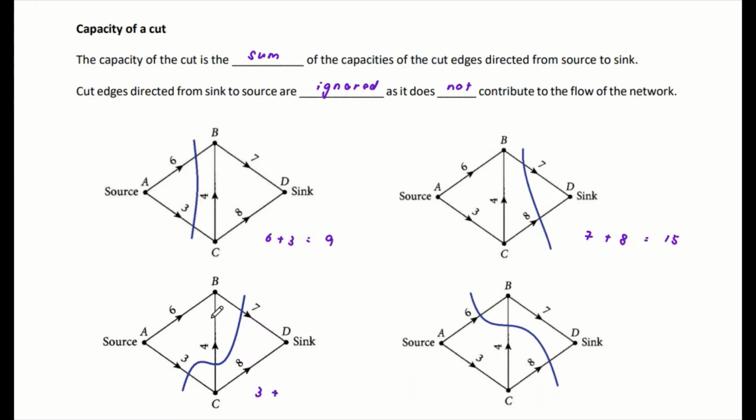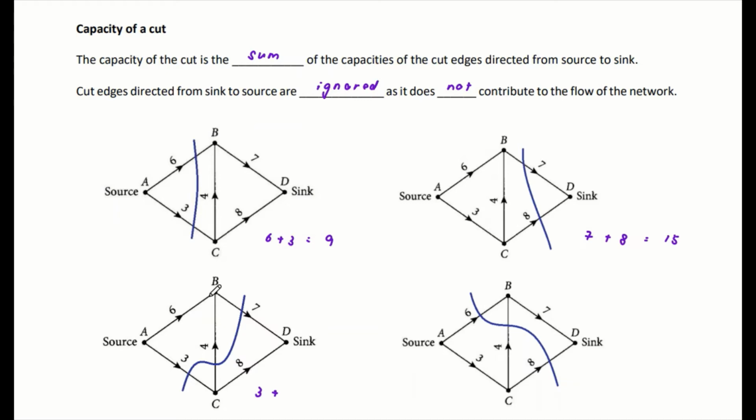Alright, next one, you can see that the next cut edge is BC, right? You can see that the arrow is actually from C to B. So what you can realize is that C is in the sink region, B is in the source region. So that's why this direction is actually directed from the sink to the source, which is not valid in this flow network. Am I right?